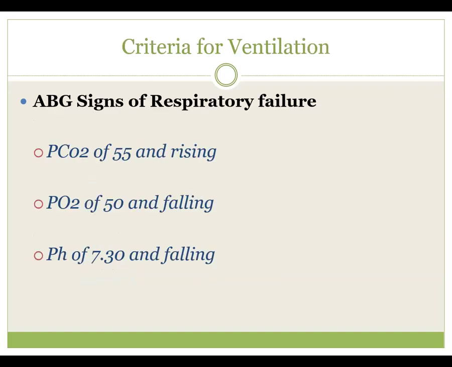Signs of respiratory distress. So in general, here are the signs of respiratory distress. CO2 of 55 and rising, okay, same as adults. PO2 of 50 and falling, same as adults. And pH of 7.3 and falling, going hand in hand with our CO2. However, we don't wait on these blood gases to start getting bad before we intervene.